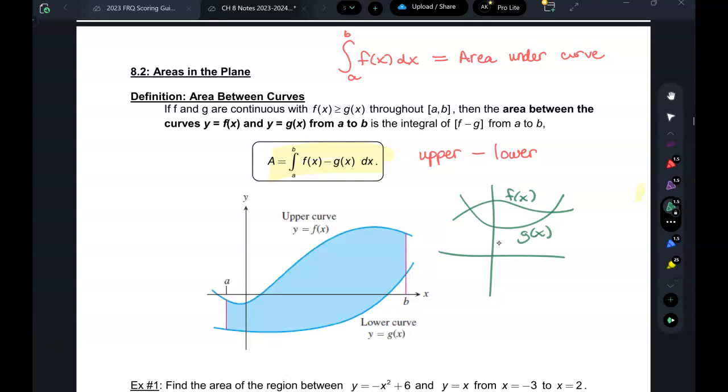Well, we'll take f of x, which would go all the way from here to here, minus g of x that goes from here to here, and then we're left with just the region between the two curves. Okay. Oh, so basically we're like lifting it up. Yeah, it doesn't matter if they're both below the x-axis, or one's above and one goes below. It will always work out.